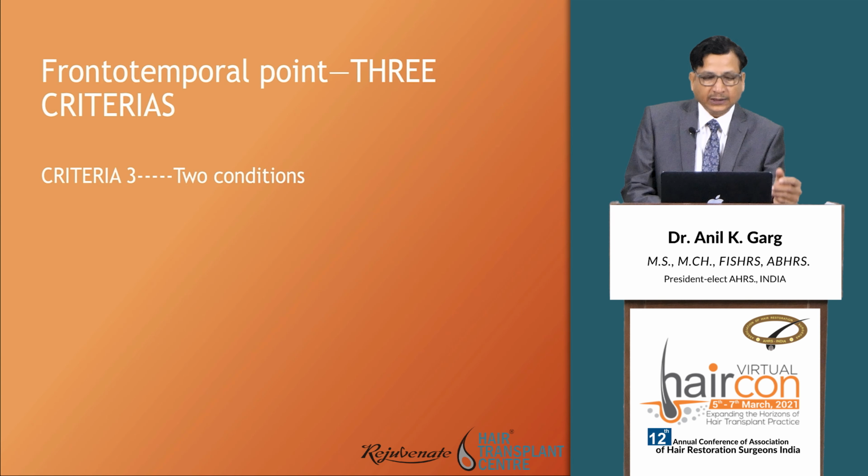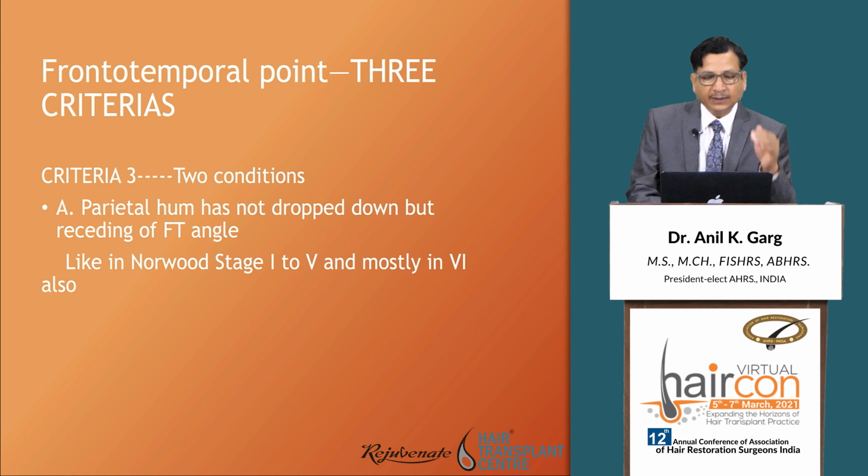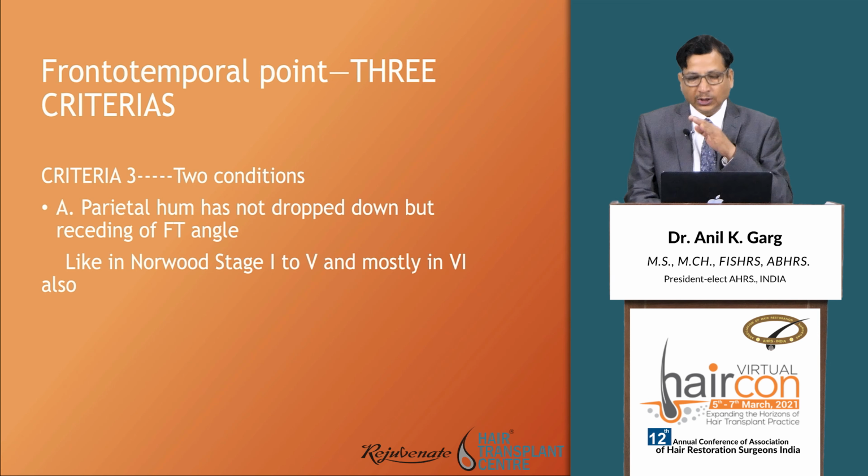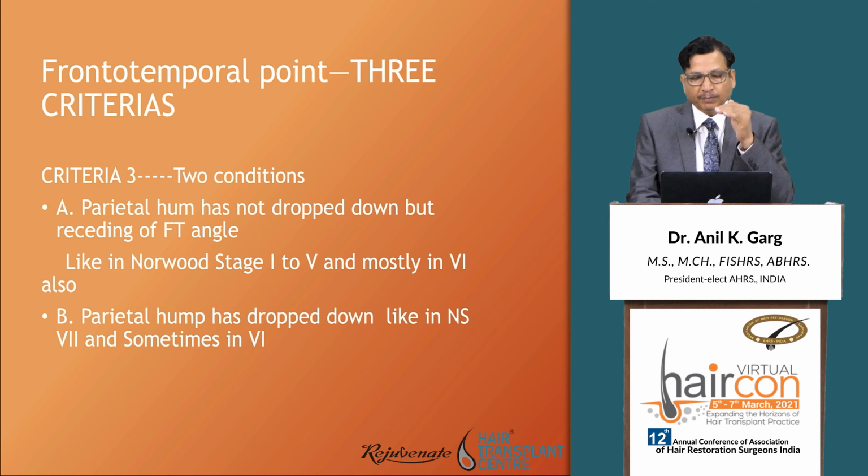There can be two conditions. One condition is where the parietal hump has not dropped down, but there is a receding of the frontotemporal point, like in Norwood stage 1 to 6 usually. And second is where the parietal hump has dropped down, like in Norwood stage 7 and sometimes in 6 as well.